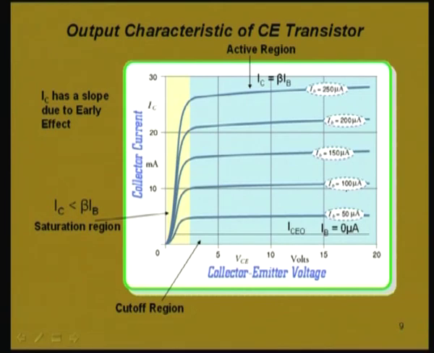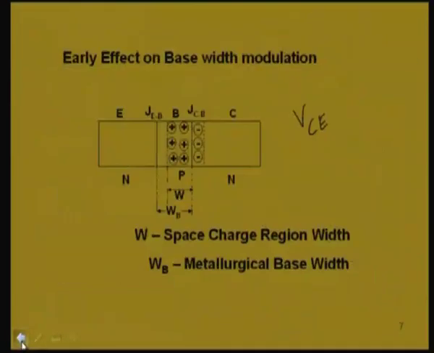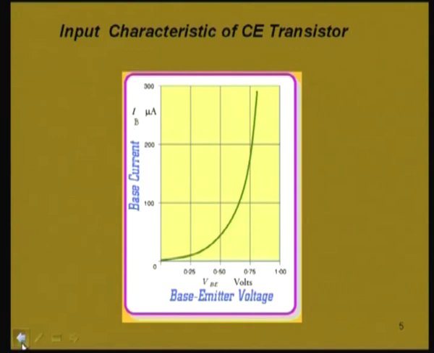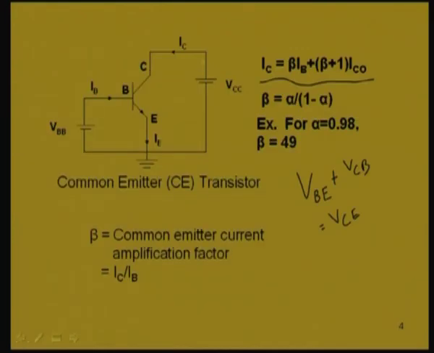So, IB 0 means we are left with only the leakage current or the reverse saturation current, that is represented by ICEO, the collector to emitter current when base is open. You can see here, if this base circuit is open, IB is 0, then still the collector current will not be 0, because in this equation, IB is 0, still there will be beta plus 1 IC naught.